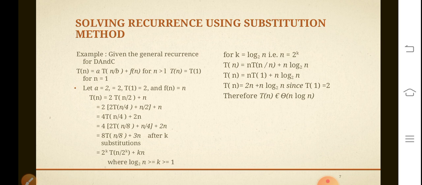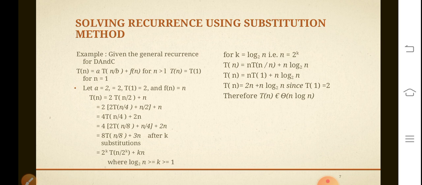So 2 raised to k. After k substitutions the recurrence relation will become 2 raised to k T of n by 2 raised to k plus k into n, where log base 2 of n is greater than or equal to k and k is greater than or equal to 1.